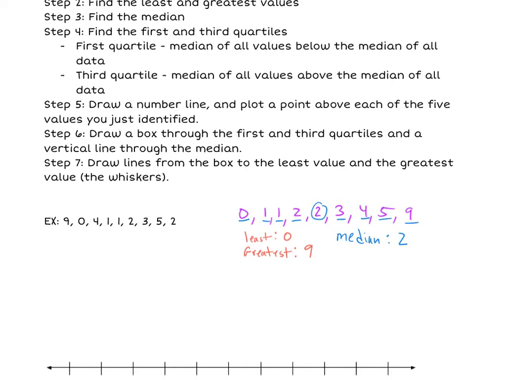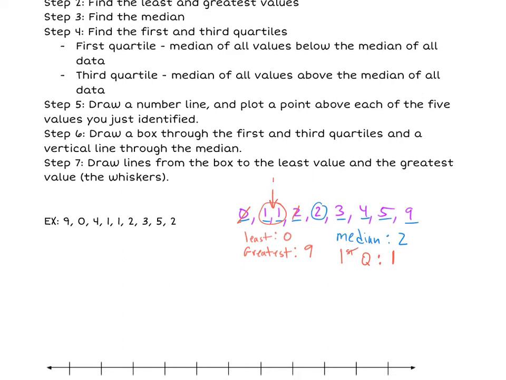So there's 4 numbers left. What's the middle of these? 0, 1, 1, 2. It's somewhere between these two, but it'd just be 1 because we have 1 there. So our middle there is 1. So our first quartile is 1.